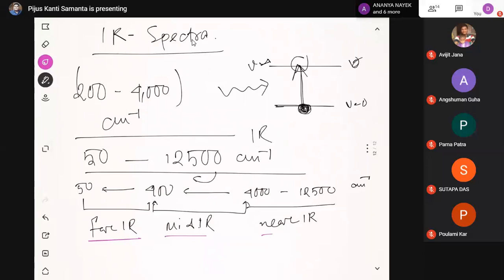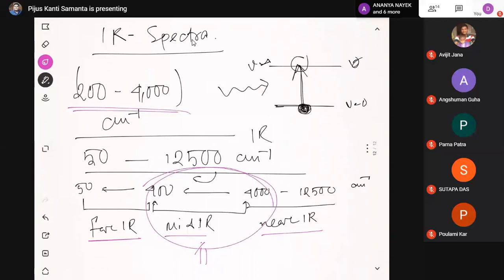The middle infrared region is mostly used for standard laboratory characterization of various types of molecules. Basically, most of the molecules show transitions in this mid-infrared region, 400 to 4,000, that I mentioned. Most molecules show absorption bands around this region, so most spectrometers are devised to operate in these wave numbers.